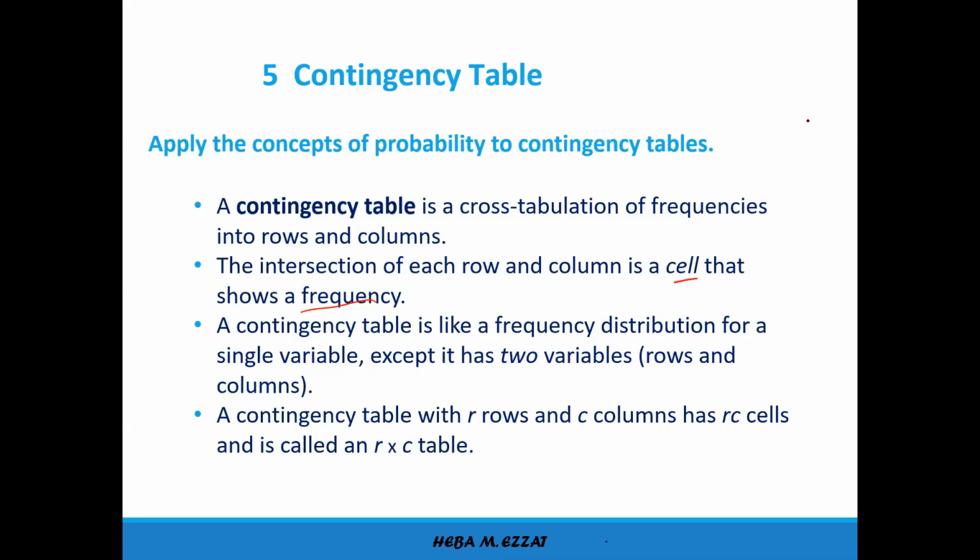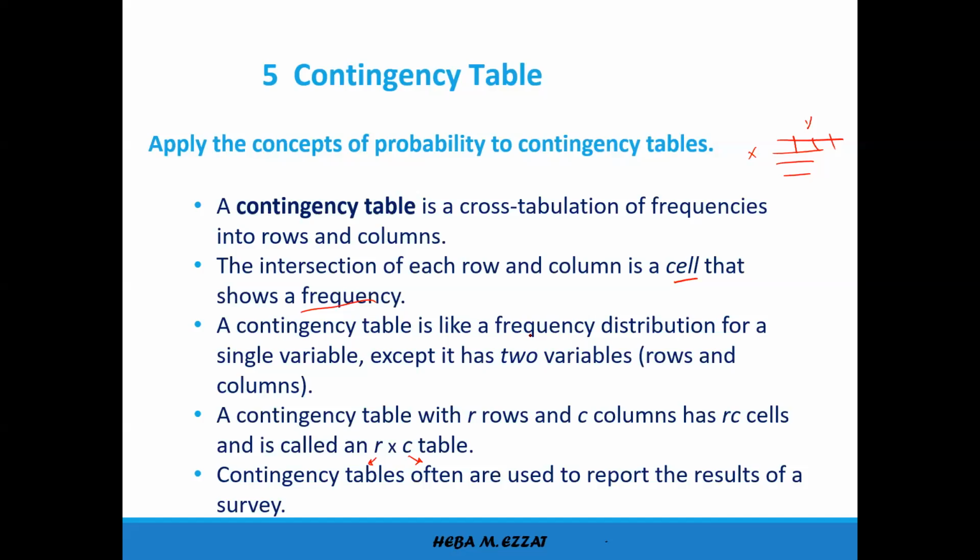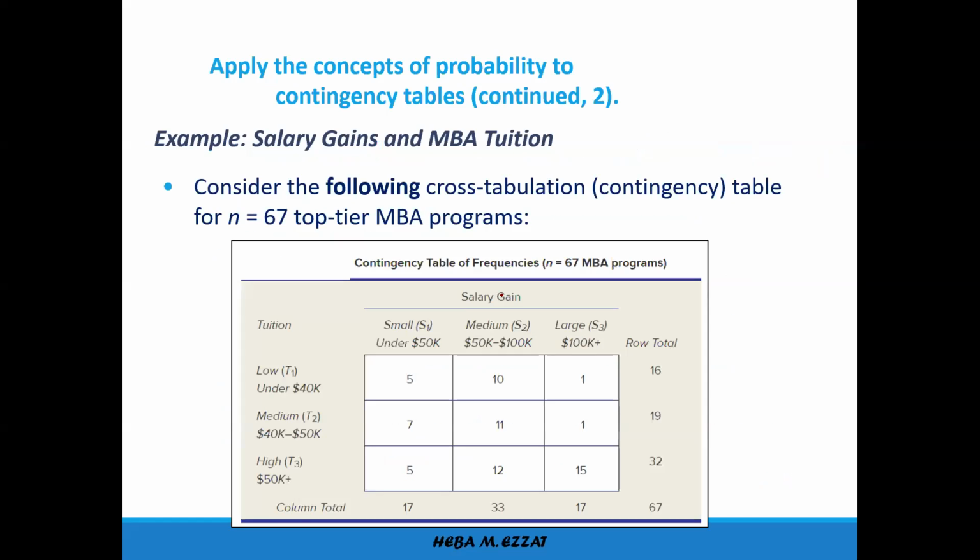One variable is described in the columns, and another variable is described in the rows, and we call it R times C. The R refers to the number of rows and C to the number of columns. So this is an example of the contingency table.